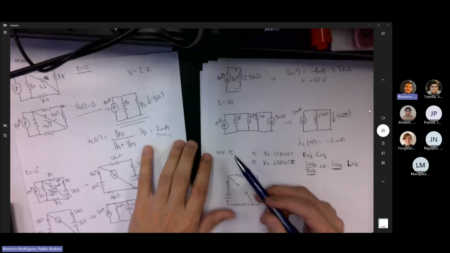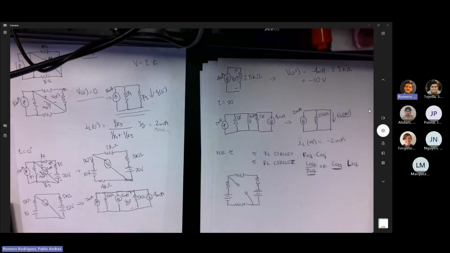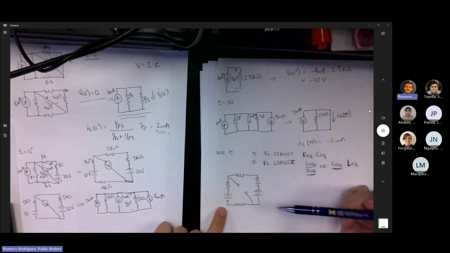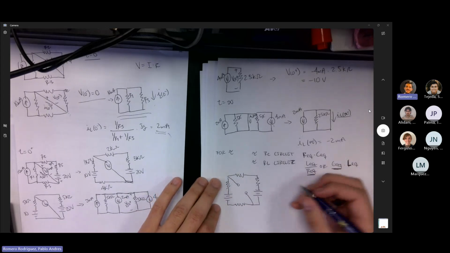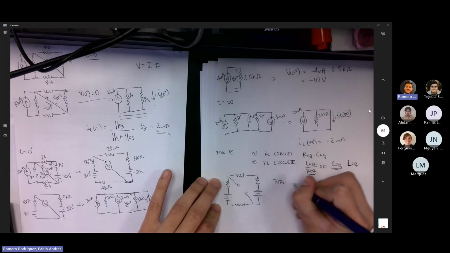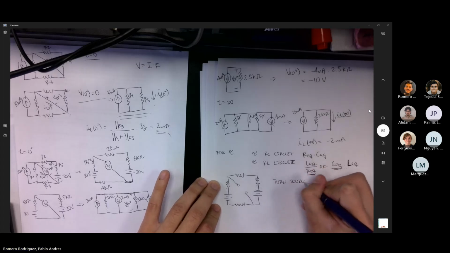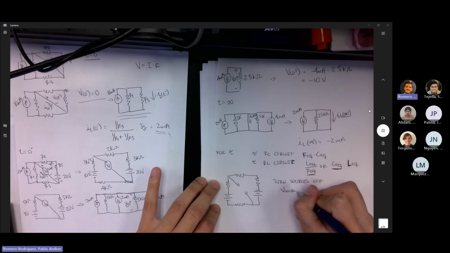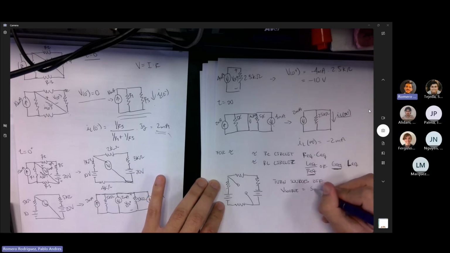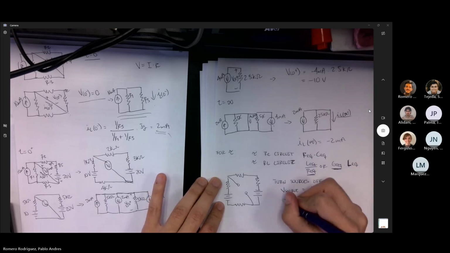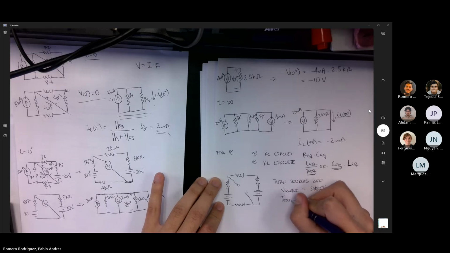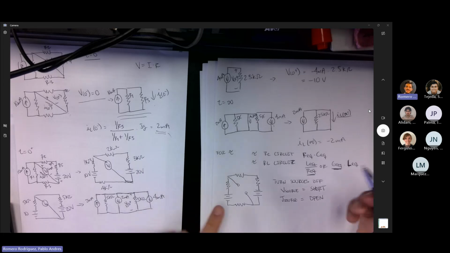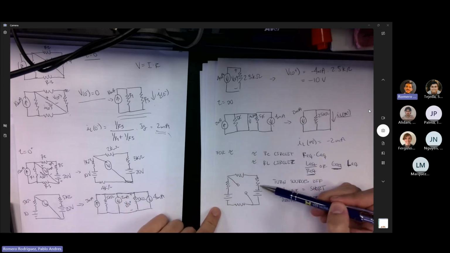So when you're trying to find tau, you're going to remove the reactive component, and you're going to try to find the equivalent resistance at that point. So for that, you need to turn your sources off. So when you turn your sources off, your voltage source turns into a what? Yep, turns into a short. Your current source turns into an open circuit, right? Luckily for us, we don't have any current sources, so this is just shorted and this is just shorted.